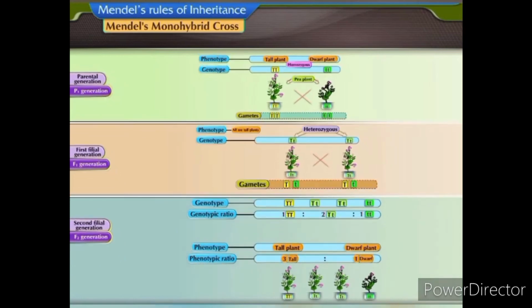Genotypically, it shows 3 types of plants: 1 capital T capital T which is homozygous tall, 2 capital T small t which is heterozygous tall, and 1 small t small t which is homozygous dwarf. Thus, the genotypic ratio would be 1 capital T capital T is to 2 capital T small t is to 1 small t small t.